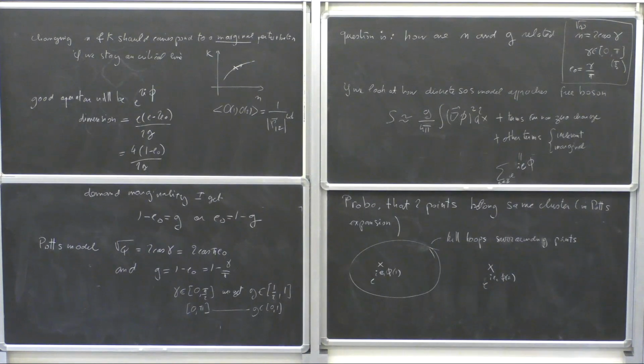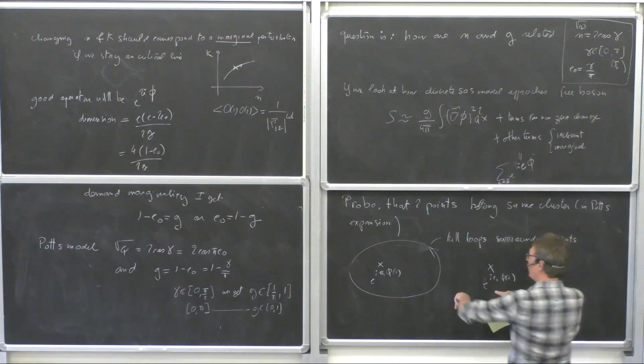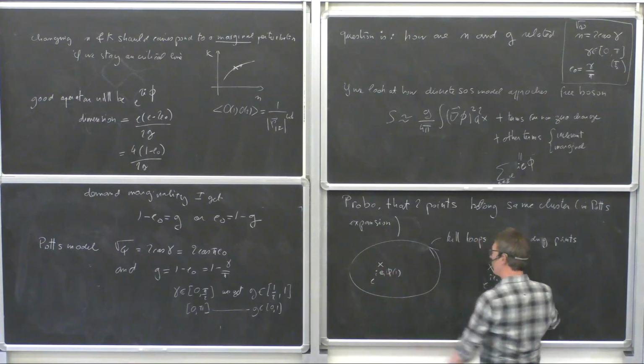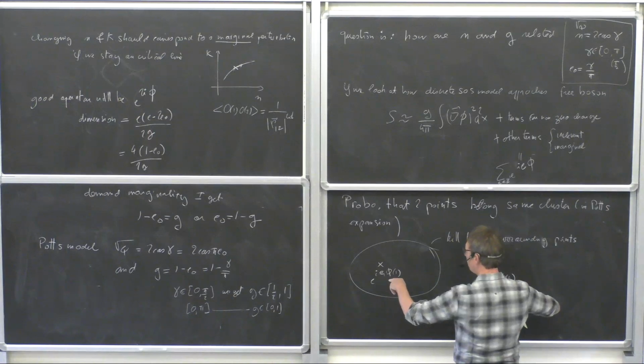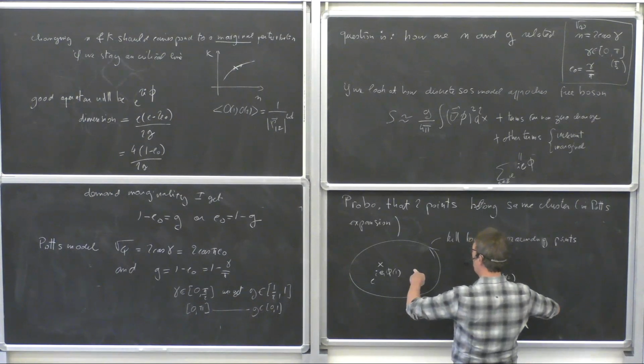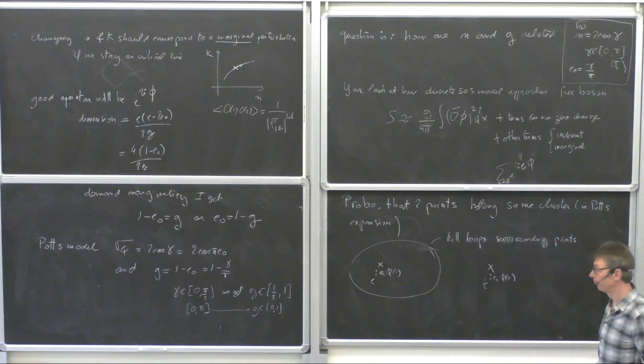And then I have to be very careful. I want to kill the loops surrounding the points. But every time I have a loop surrounding a point, what does it do, this loop? It changes the height inside. In this particular drawing, it changes the height inside from whatever it was to the same height plus pi.